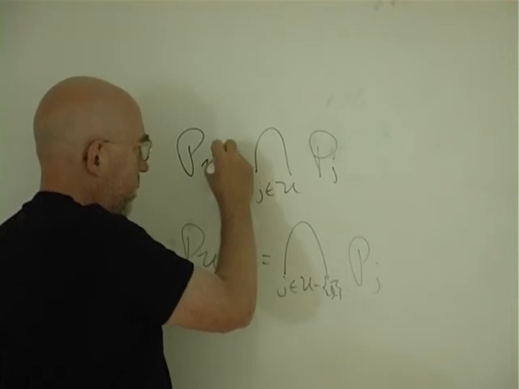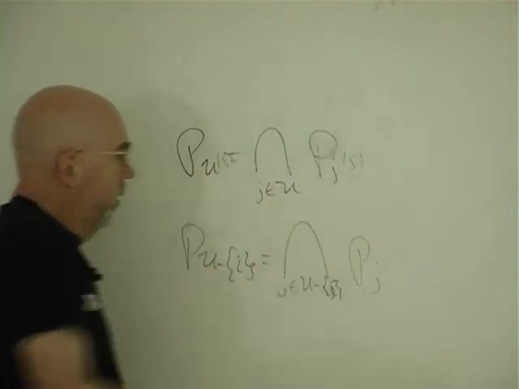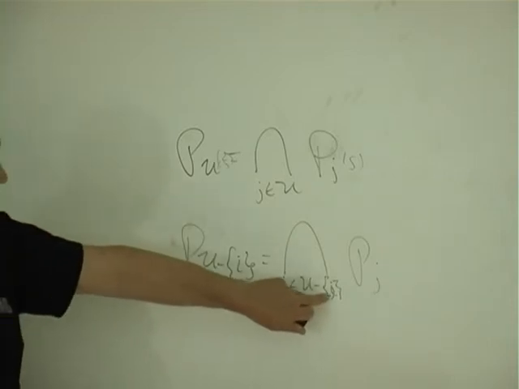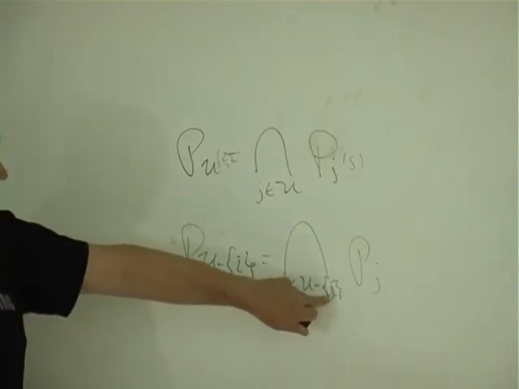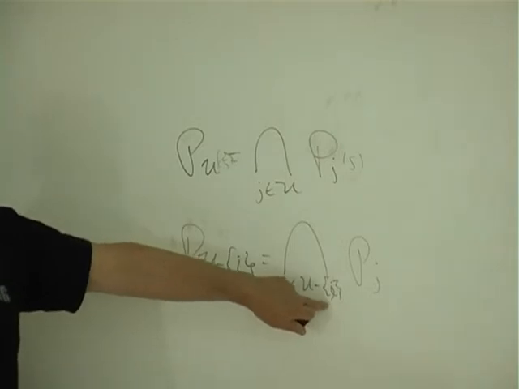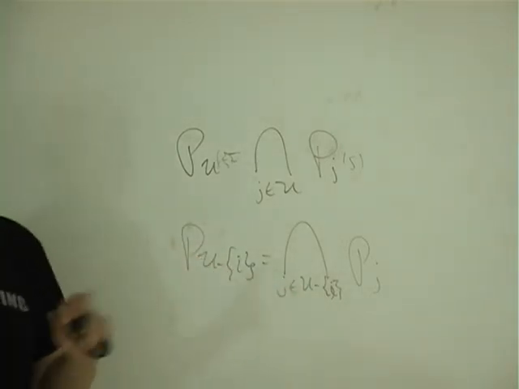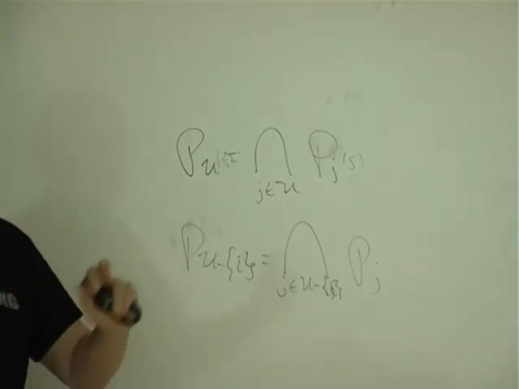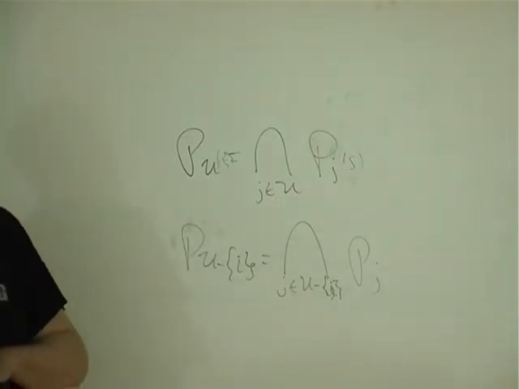So what I mean when I throw this out is that I'm going to look at all executions where the next process to take a step is taken from here. And all the executions where somebody else takes a step aren't represented. So I'm only looking at a subset of the possible executions, which is a subcomplex of the protocol complex.